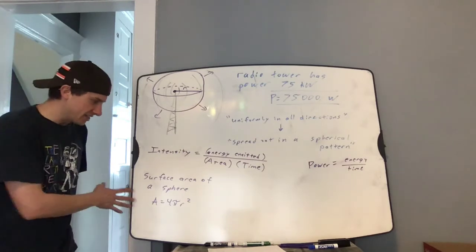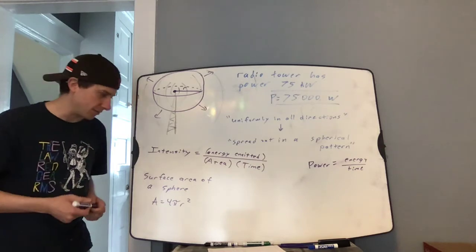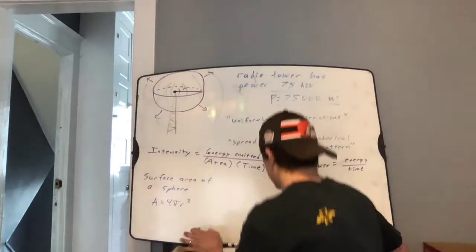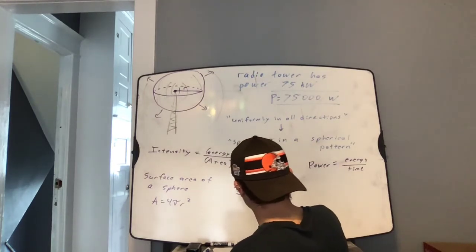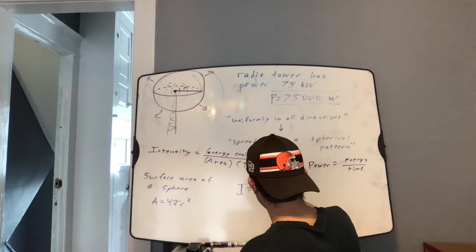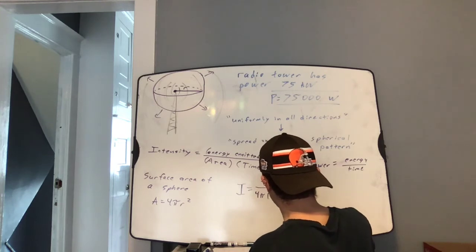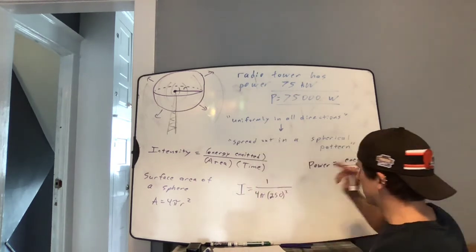What is the intensity of the radio signal when you're 250 meters away from the tower? Well, the intensity of the radio signal is going to be 1 over the area, so 1 over 4 pi times 250 squared, times the power.